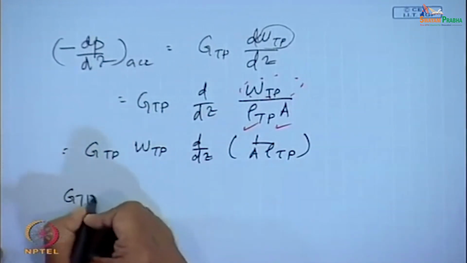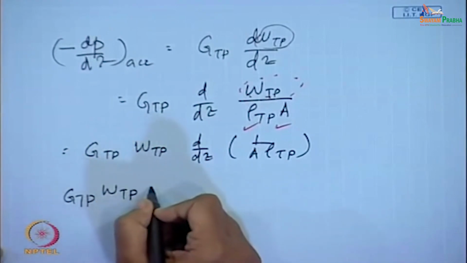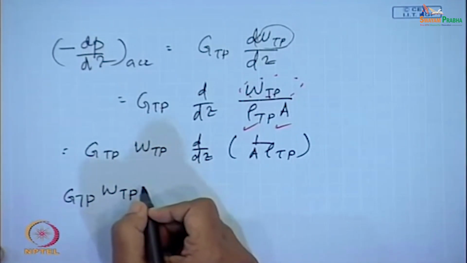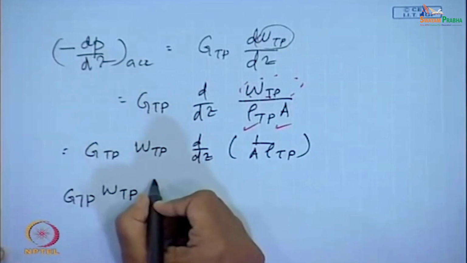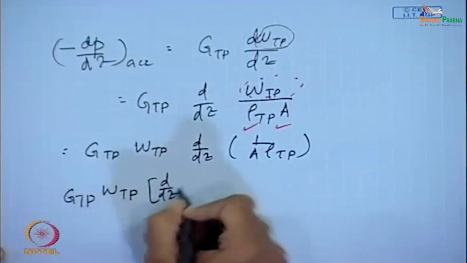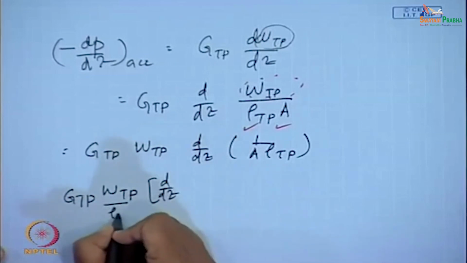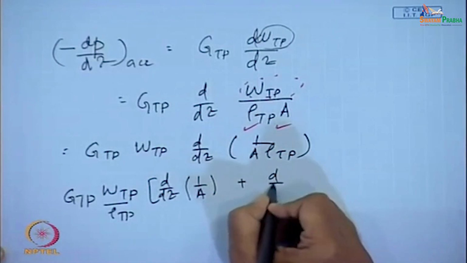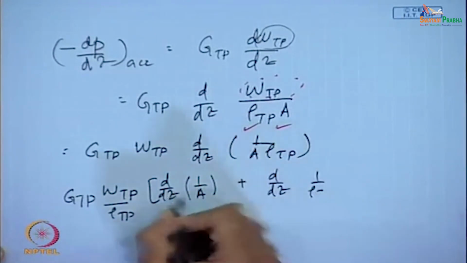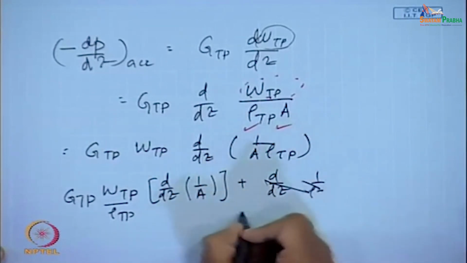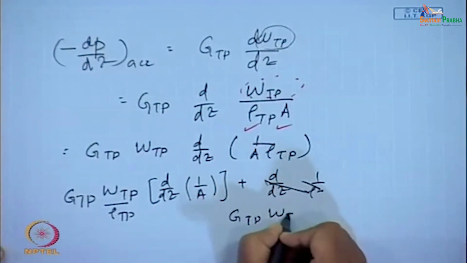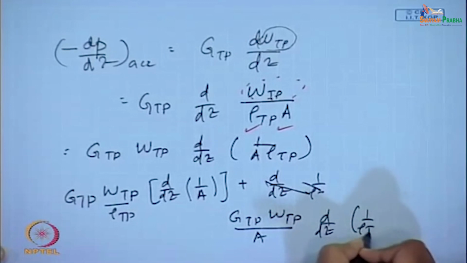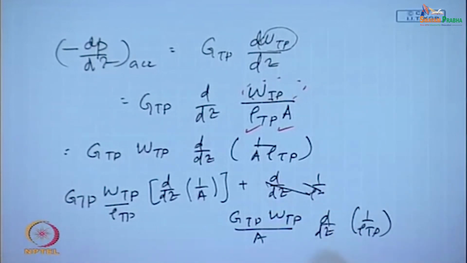You get GTP, WTP, and if you perform these differentiations, then what you get is, by rho Tp d dz of 1 by A, plus d dz of 1 by rho Tp, GTP WTP by A. We can write it in this form.